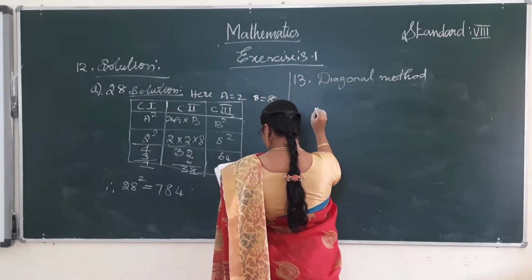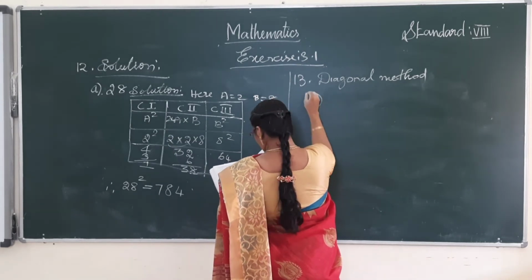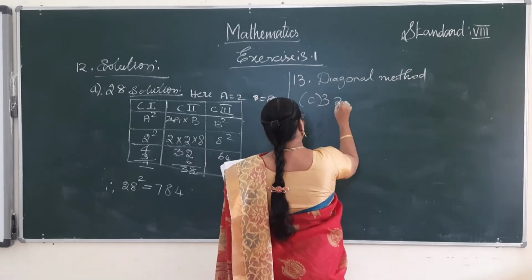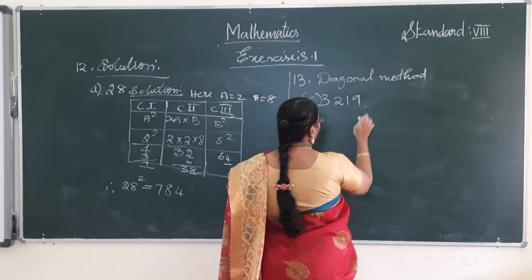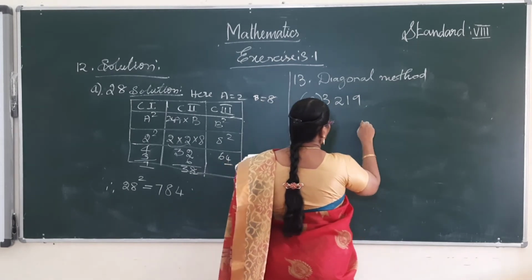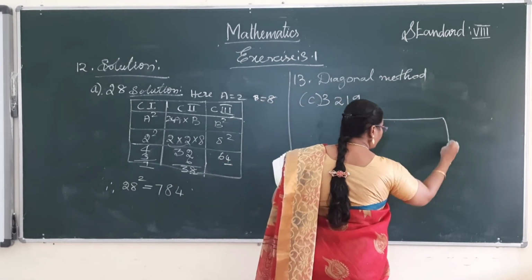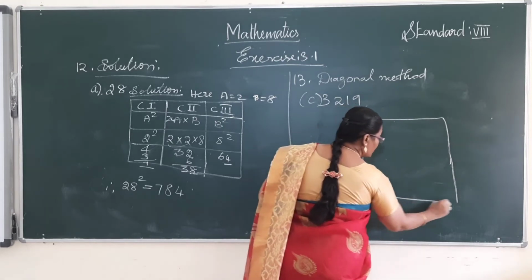The number is C problem, 3219. Okay, so draw the 4x4 square box.